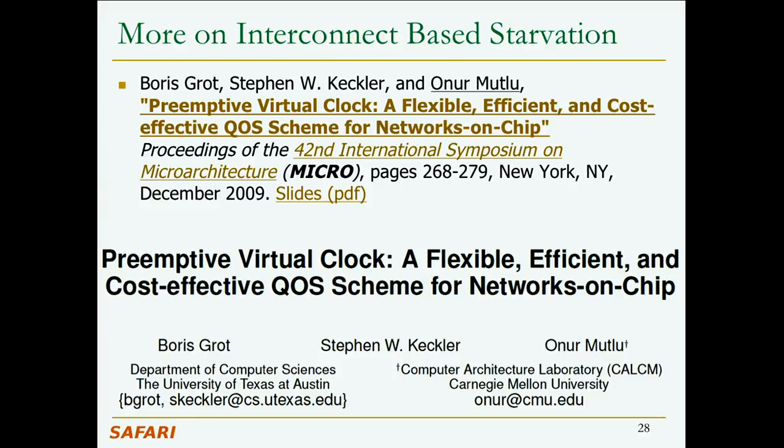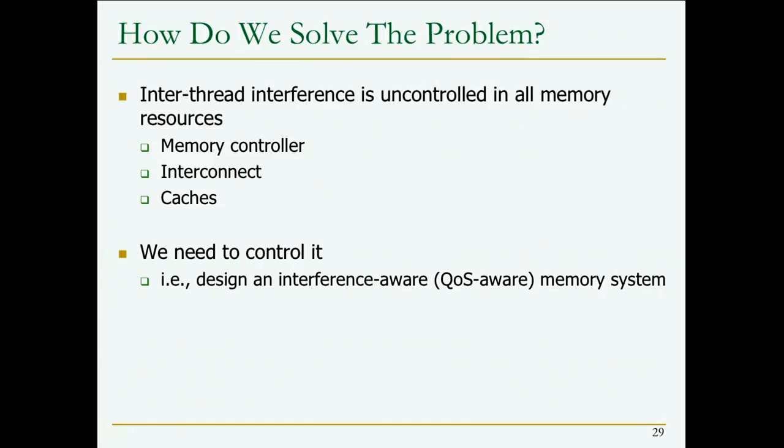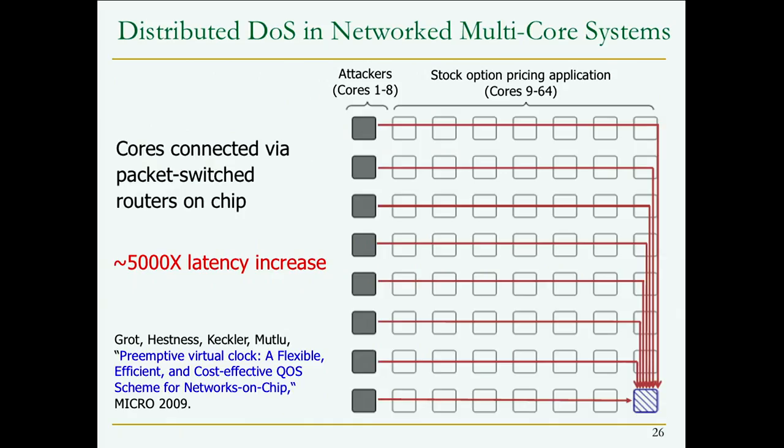I'm not going to go over this, but when we talk about interconnects, actually, we're going to cover some of these issues. And again, this is not an on-chip problem, right? The same interconnect actually exists in a data center, internet. Also, if you've taken a networking course, you will have seen a lot of quality of service mechanisms. How many of you have taken a networking course? Okay, have you seen quality of service mechanisms in TCP?